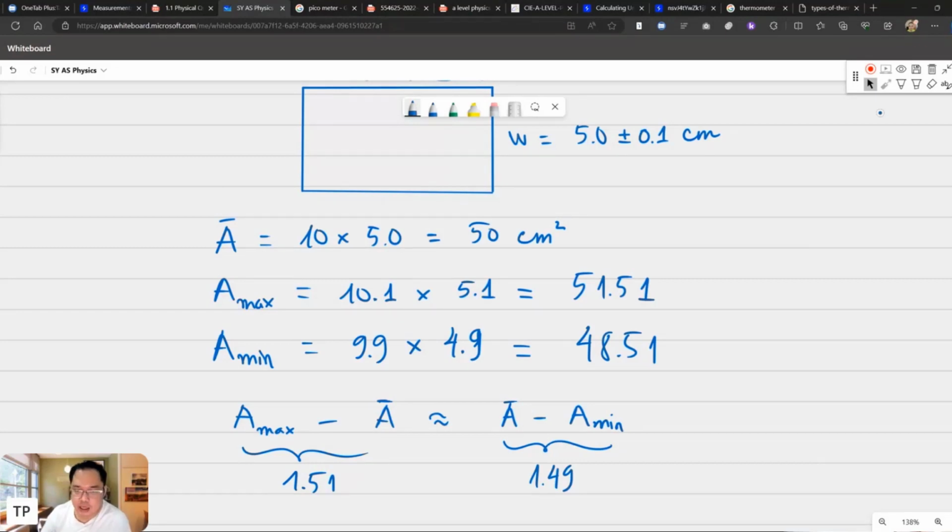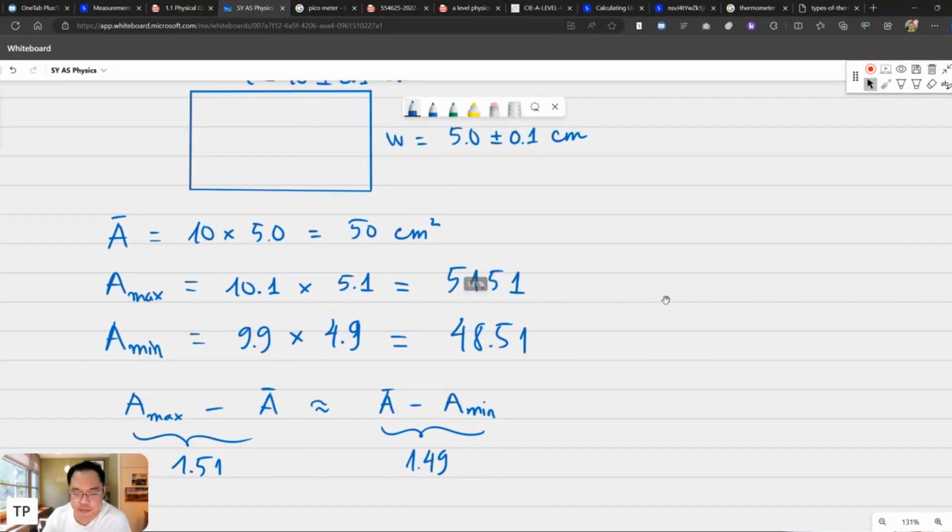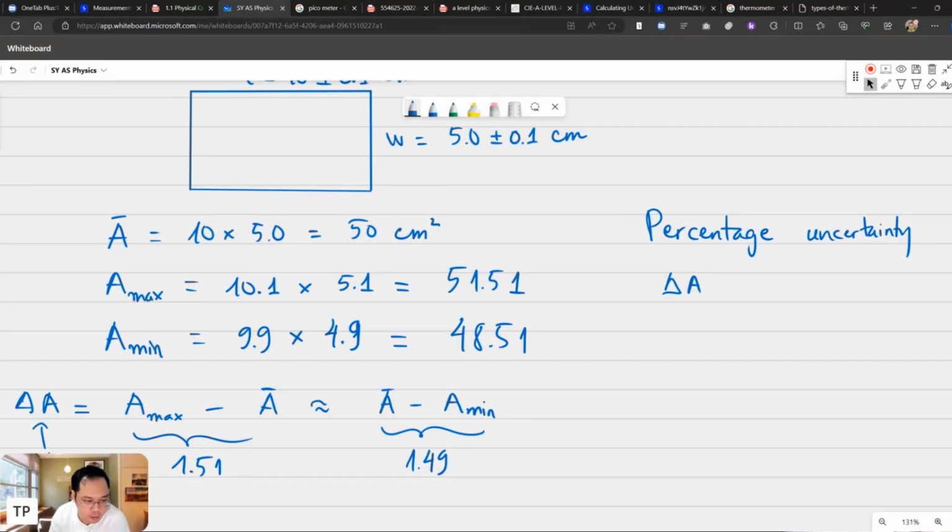The percentage uncertainty or fractional uncertainty, I like to use the percentage rather than fractional. This difference, I will call it delta A, which is the absolute uncertainty. The ratio between this absolute uncertainty and the average value is the percentage of uncertainty.